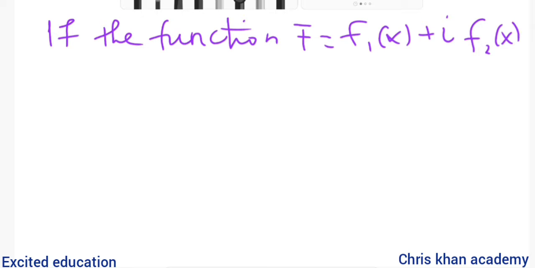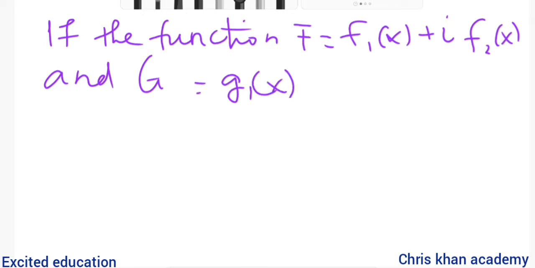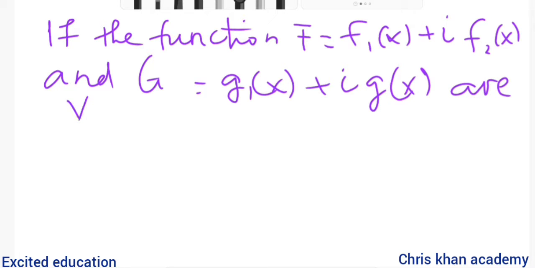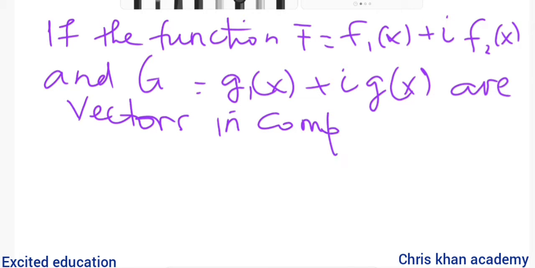This is in the complex setting, so here we will find that we have the real part of the function and the imaginary part. f2(x), and the function g equal to g1(x) plus i g2(x), are the vectors. So this is the decomposition in the complex.